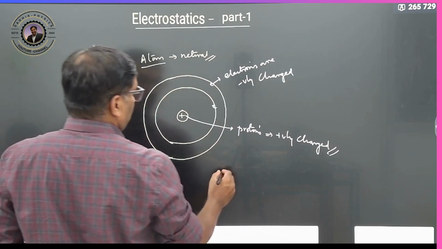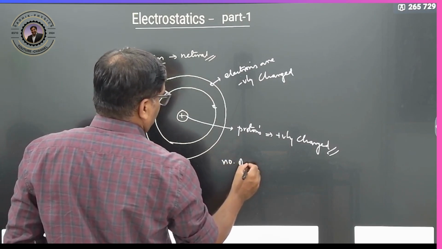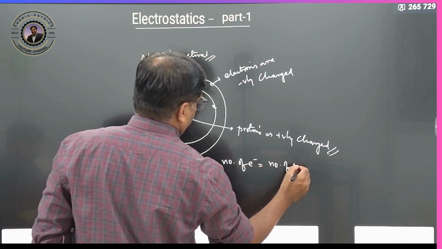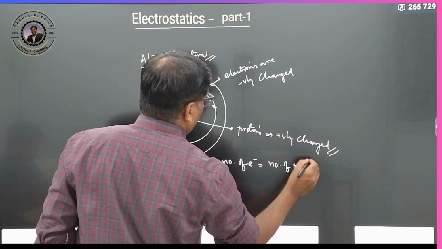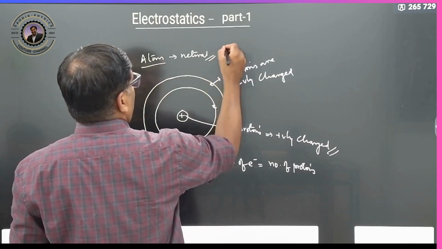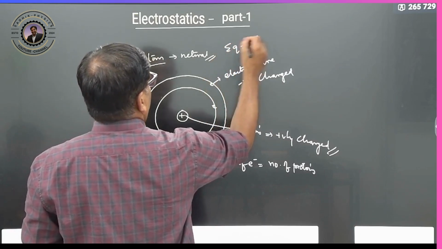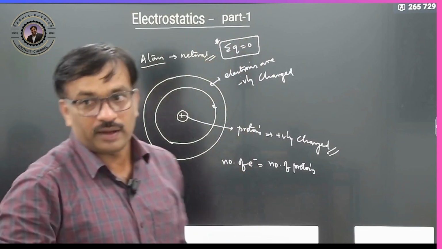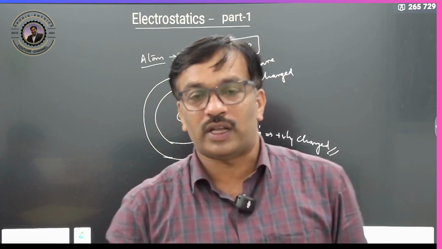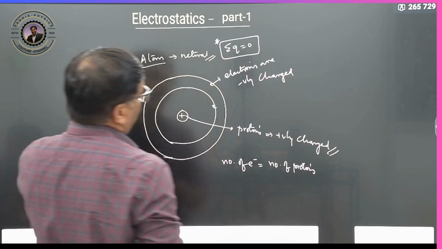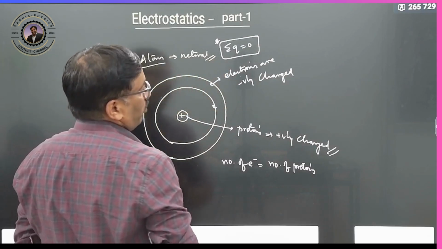Therefore the number of electrons is equal to the number of protons, and since their charges are the same in magnitude, the net charge will always be equal to 0 for a neutral atom. So a neutral atom contains the same number of electrons and protons.